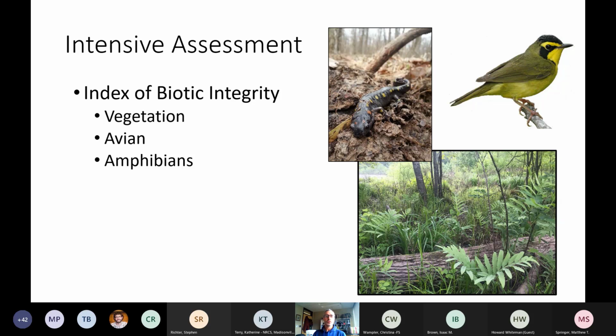There are other approaches to intensive assessment, such as looking for indicator species. There's also approaches that focus on physical functions like geohydrology. But for this round of assessment development, our focus was on using IBIs and using it on these three taxonomic groups.